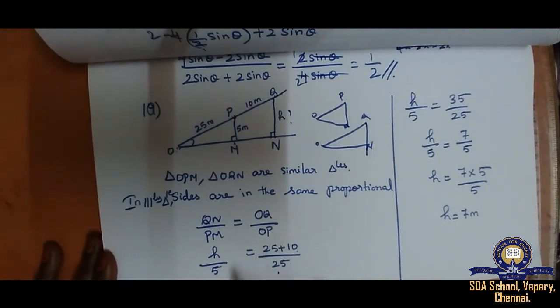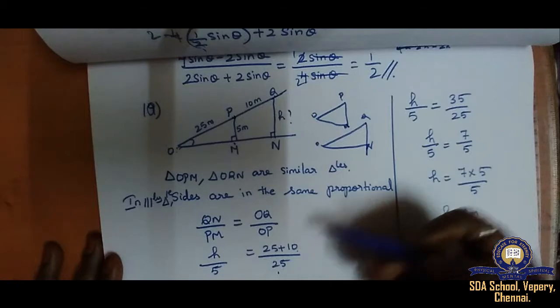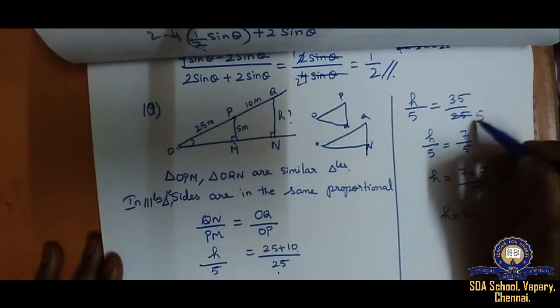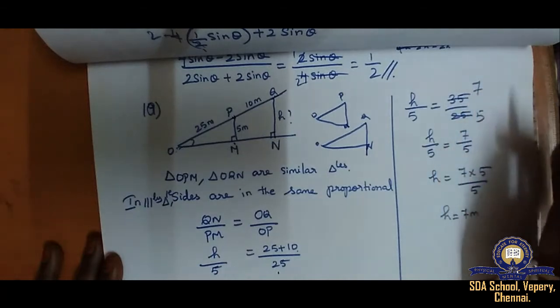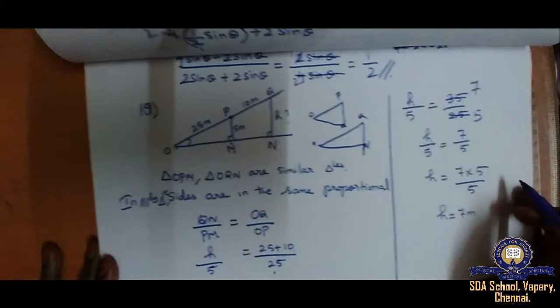So H divided by 5 is equal to 25 plus 10, which is 35, divided by 25. Here I can cancel: 5 fives are 25, 5 sevens are 35. So H by 5 equals 7 by 5.